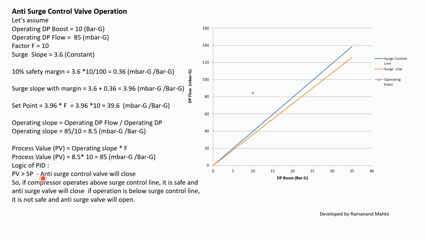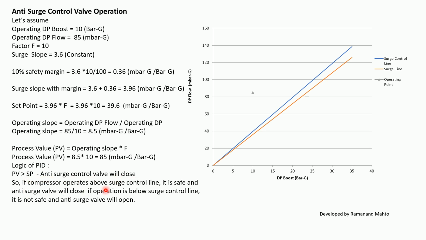So the logic of PID will be: since PV, that is 85, is greater than 39.6, PV is greater than SP, so the anti-surge control valve will close.